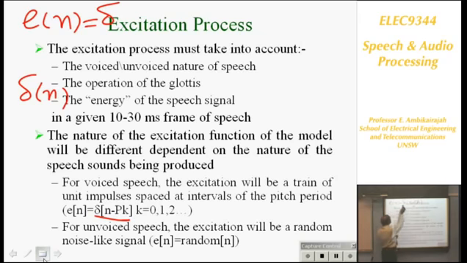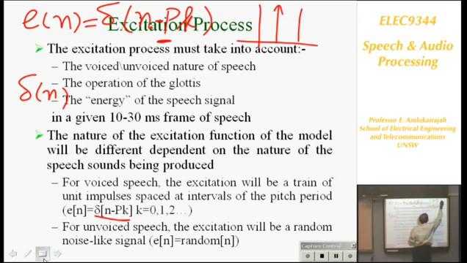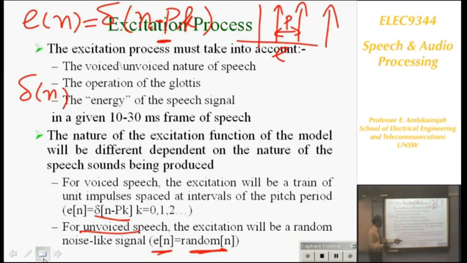So you're saying your impulse is delayed by the pitch period: 1 period, 2 periods, 3 periods. So this equation will give you an impulse there, and the distance between them is p. That's what the equation is for, the impulse train. For unvoiced sound, you say e(n) is my random noise. You produce random noise from a computer. And you write a program to generate those two.